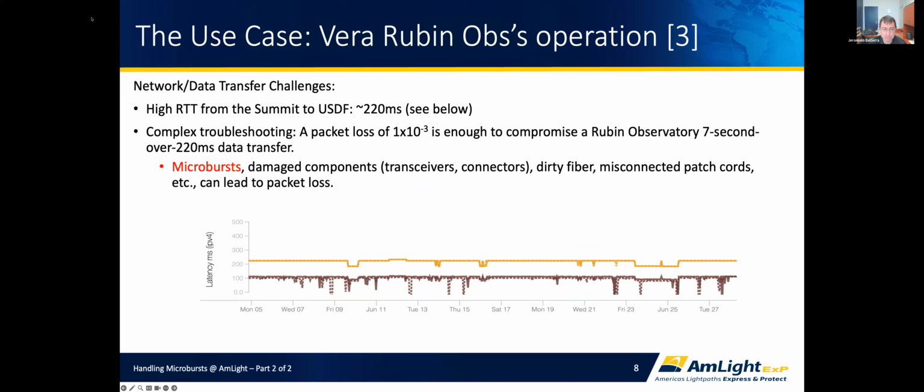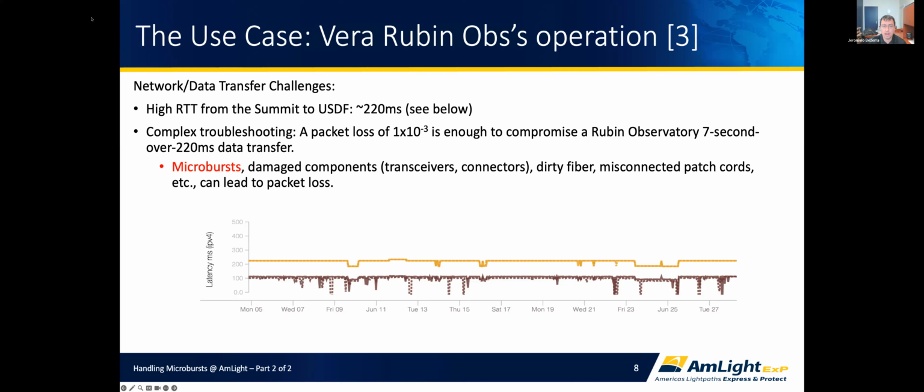This graph on the bottom is an actual perfSONAR measurement that was built for Vera Rubin. And you can see there, it's a very complex troubleshooting involved here because of this RTT, any packet loss at 10 to the power of -3 is enough to compromise the 7 second over 220 milliseconds data transfer window.